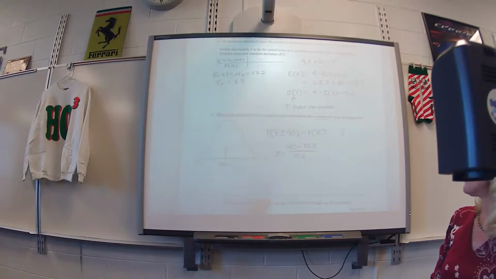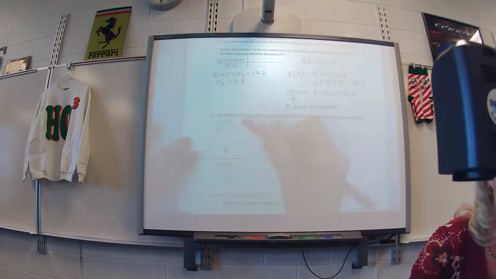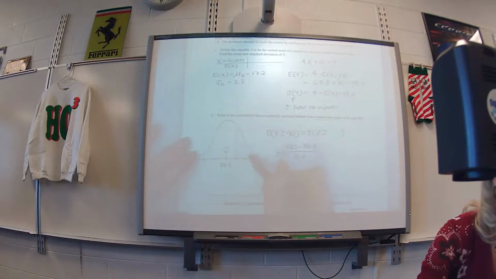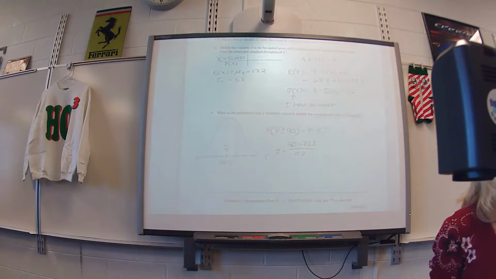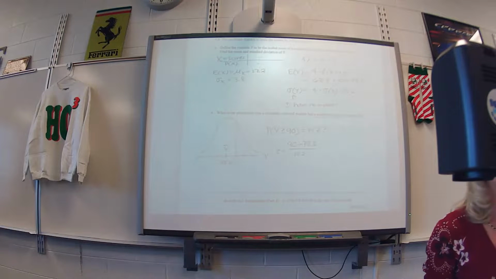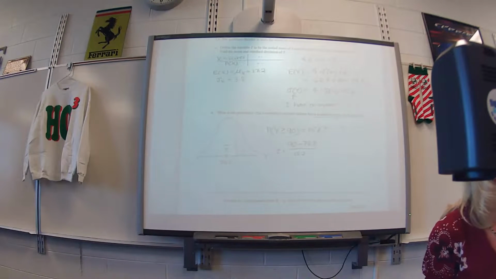Just looking at that setup and your picture, 90 would be somewhere over here, and I'm looking for greater than. So I know I'm looking for a positive z-score, about 1 or so, and a final answer that's less than 50%.